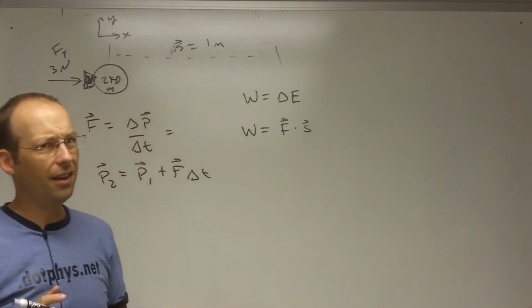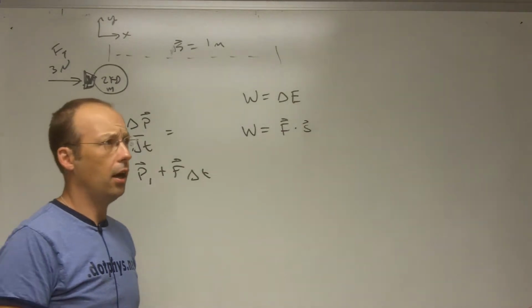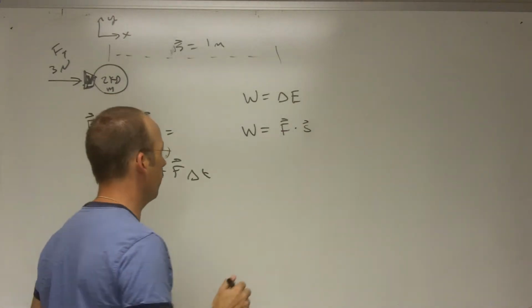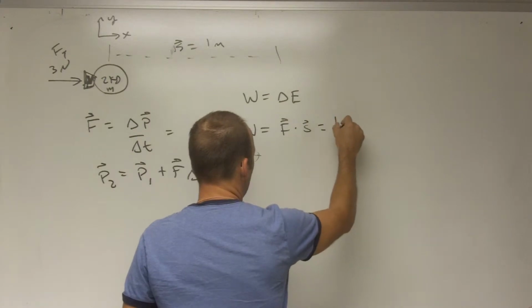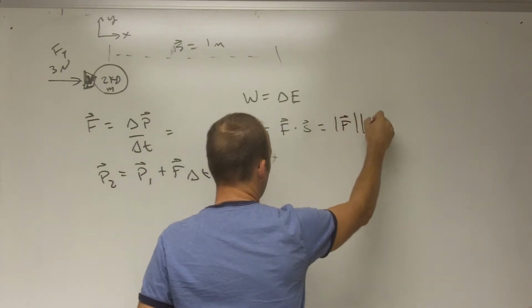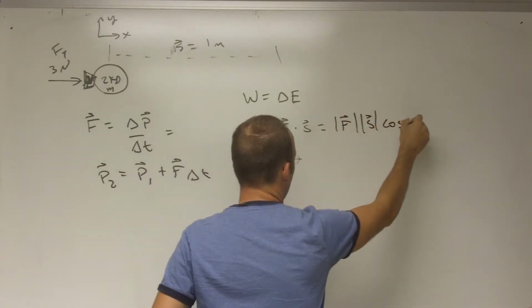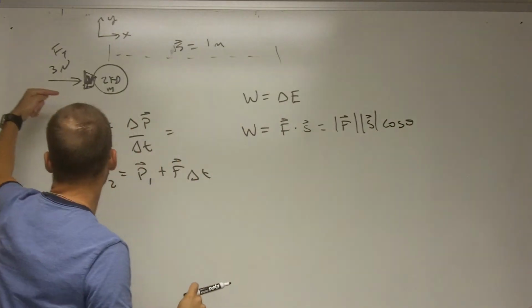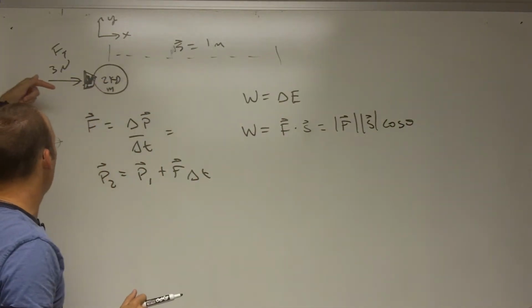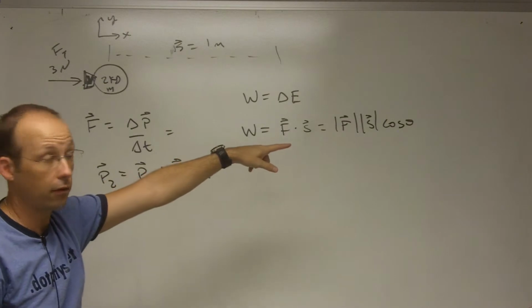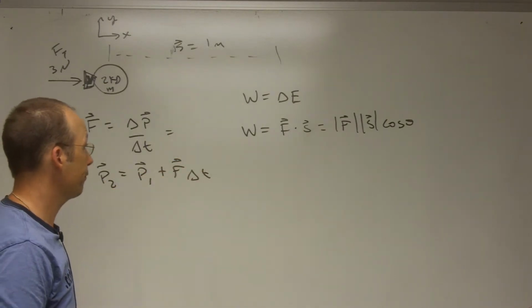But in this course, you could probably get away with always writing it as the magnitude of F, the magnitude of S, times the cosine of the angle between those two. So in this case, you're moving that way, the force is that way, so theta would be 0, and the cosine of 0 is 1.